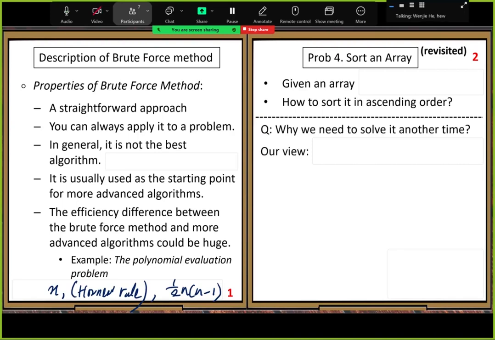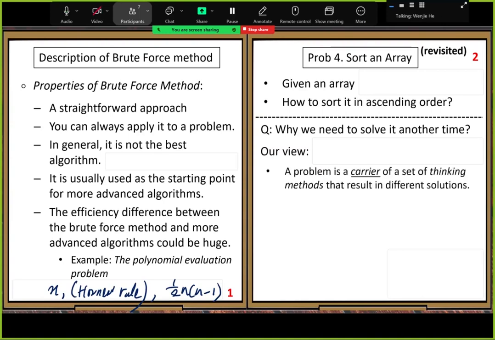So why do we need to solve it another time? Because a problem can be understood as a carrier of a set of thinking methods that result in different solutions. This one sorting problem carries 6 different solutions.